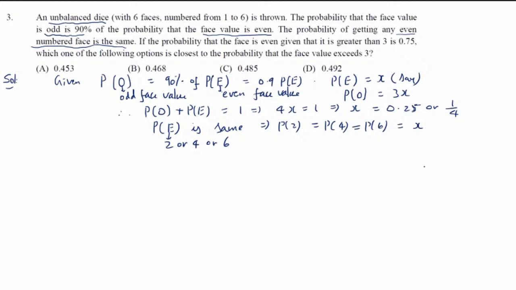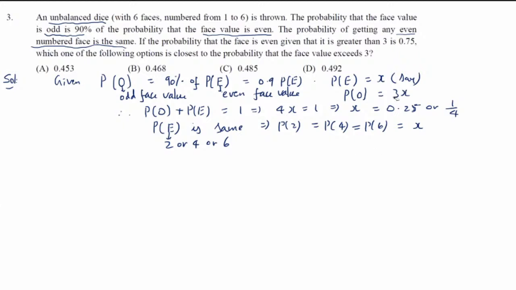Okay. So what is this? Probability of odd number plus even number. Kindly excuse me, this is 6x. P of O is 90%, 0.9, and P of E is equal to 6x. So P of O is equal to, it's not 3x.